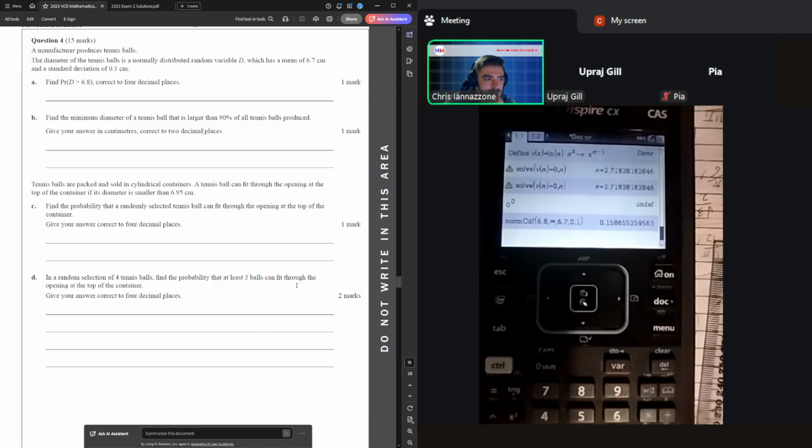Not particularly, because confidence intervals are typically symmetrical either side of the mean, whereas this one is literally saying larger than 90% entirely.